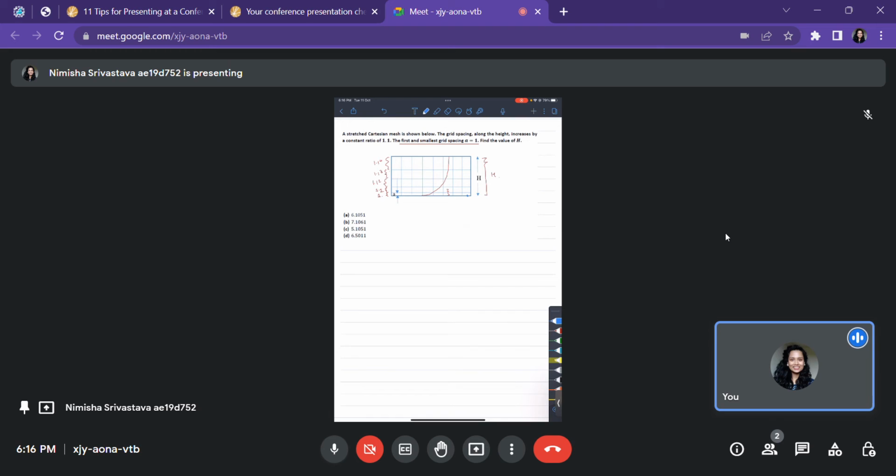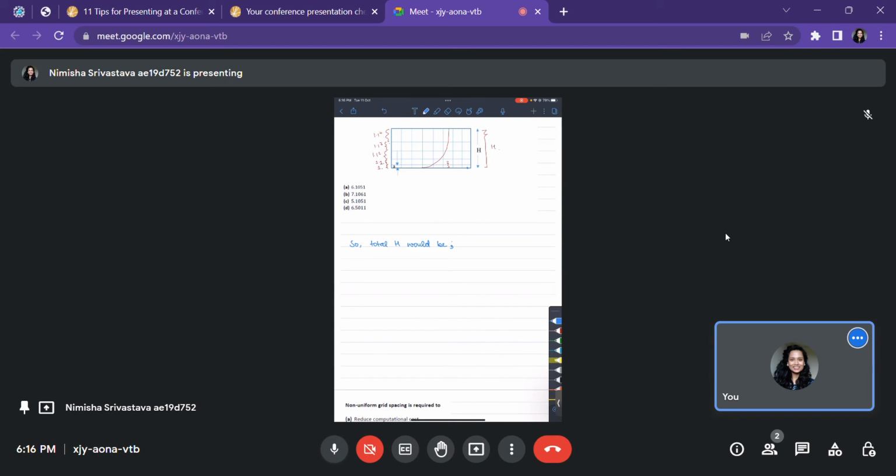Let's write it down. Total H would be 1.1 plus 1.1 square plus 1. Sorry, 1 is also added over here, which is the smallest cell. Let's mark it. That's the smallest cell.